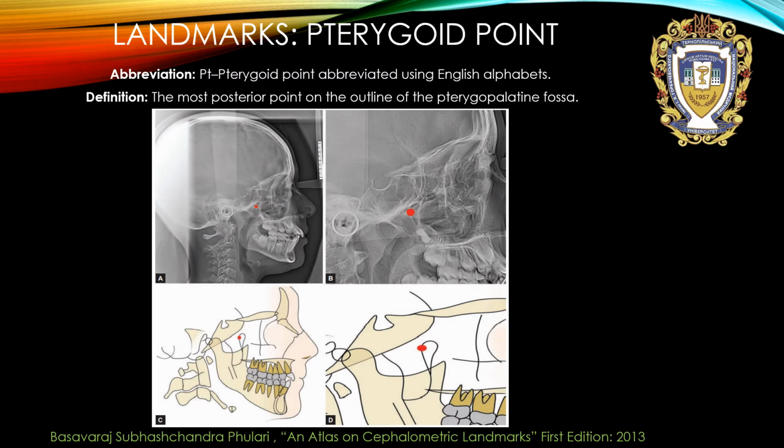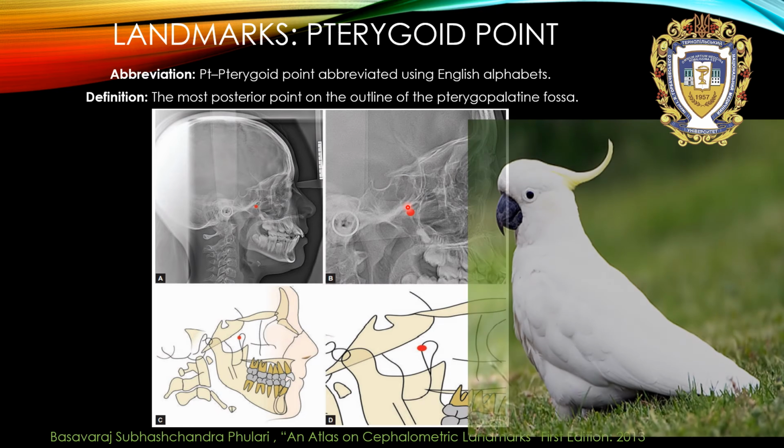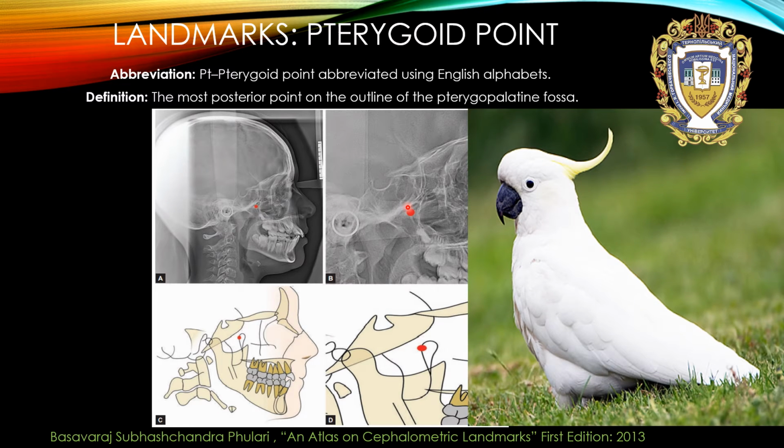Pterygoid point, the most posterior point of the outline of the pterygopalatine fossa. Sometimes this point is called the eye of the cockatoo. Why?